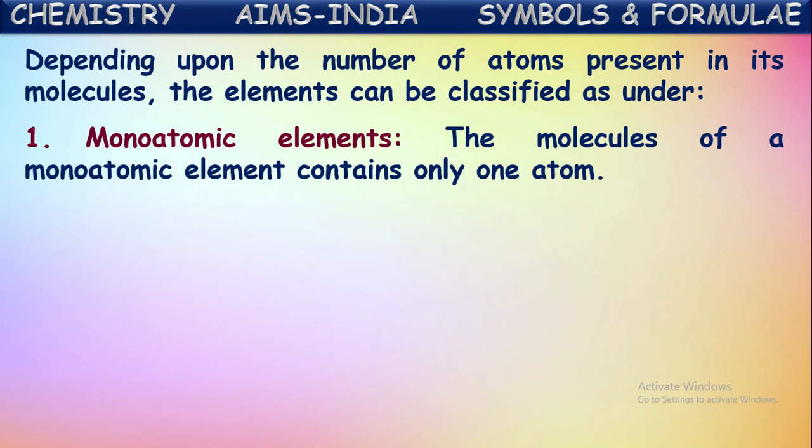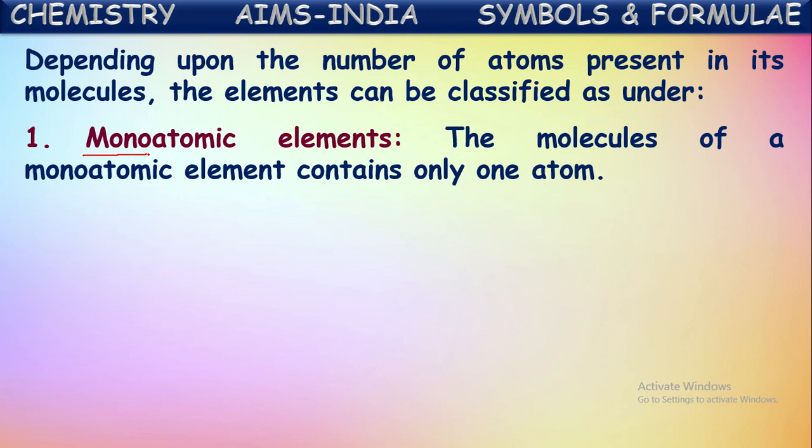Monoatomic elements. First classification you can say as monoatomic elements. Here mono represents single or one. That means the molecules of elements which contain only one atom in them are considered as monoatomic elements.